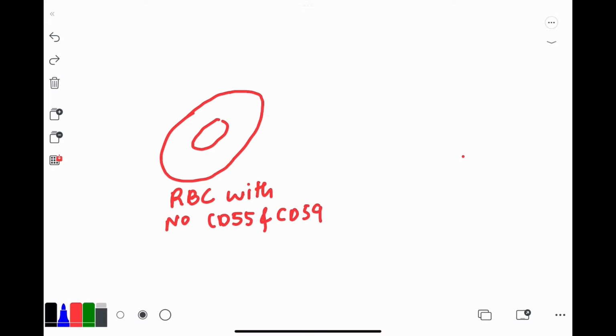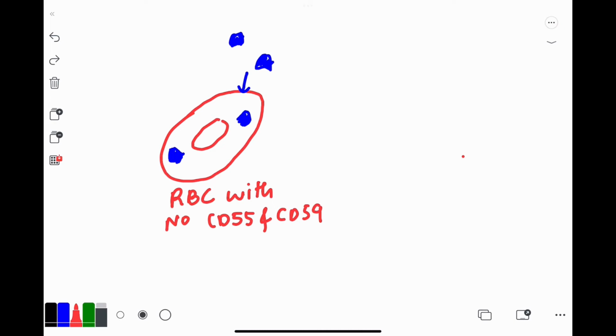So, an RBC with no CD55 or CD59, and imagine these blue bits in the drawing as the complement, C3 basically. These bind to the red blood cell membrane and there is activation of complement.